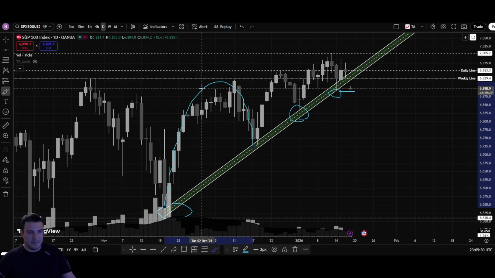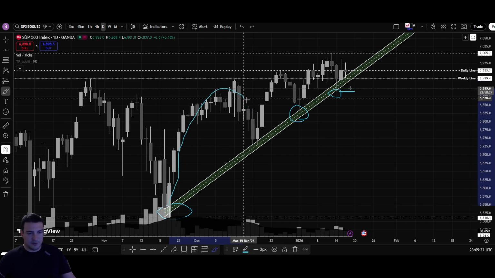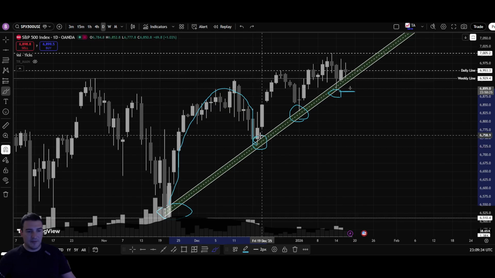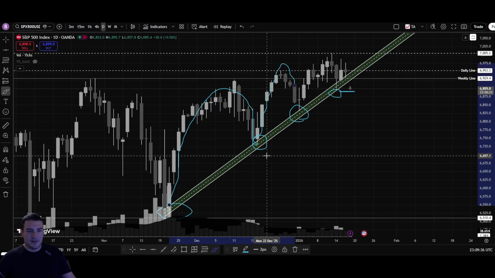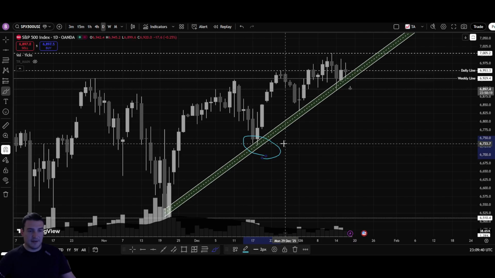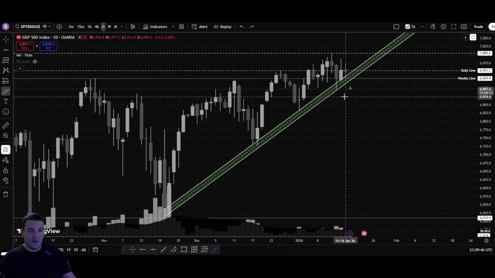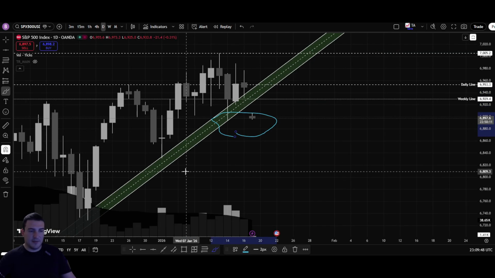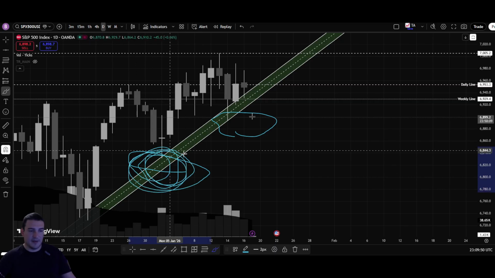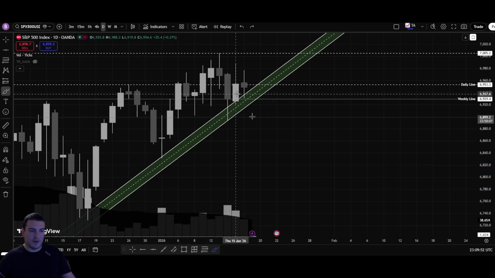Boom. It's a big, big angle, and then it was a nice bounce off of it. So this low right here is 100%. Also, I would argue this low is also very notable. So, yes, we might break this one, but this one is the real important one to watch for.